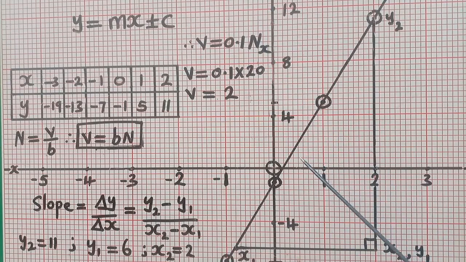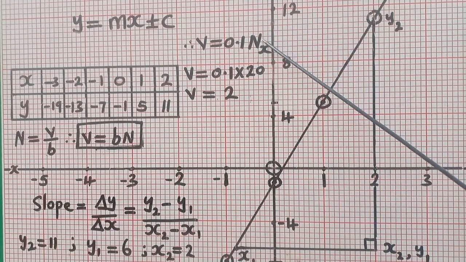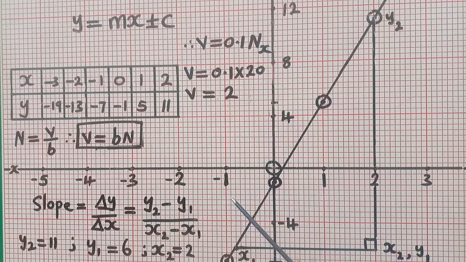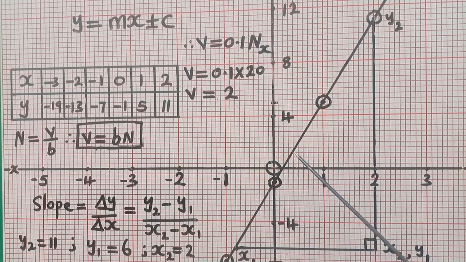Now, from here to here, how many boxes there are is what we refer to as this nx. Let's count from here to here and replace this nx with such number. From here to here is 10 boxes. From here to here is 10 boxes. Altogether, 20 boxes.